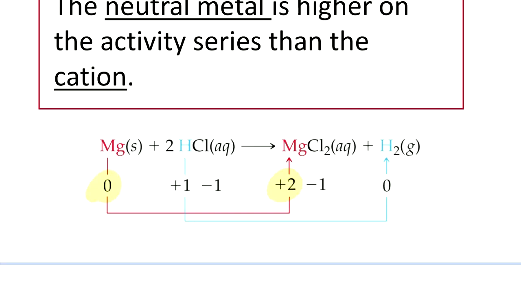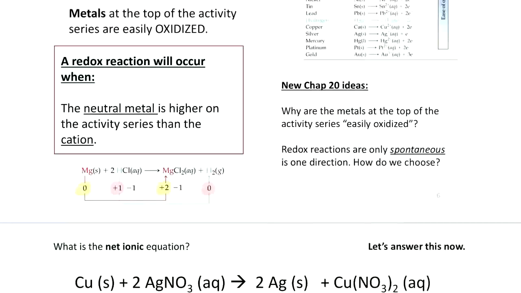I don't like to think, oh, magnesium is losing negative electrons. I just think, oh, it's being oxidized, its oxidation number goes up. Versus hydrogen is going from +1 to 0. Its oxidation number is going down. It's being reduced. H+ is being reduced to hydrogen gas. Or yeah, you can think it's gaining electrons too. It's all consistent there.